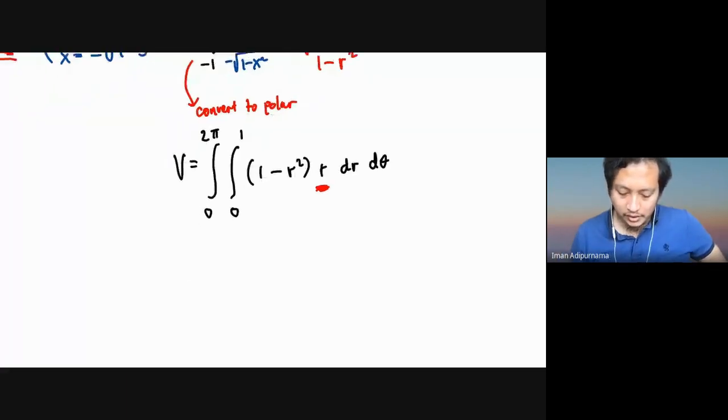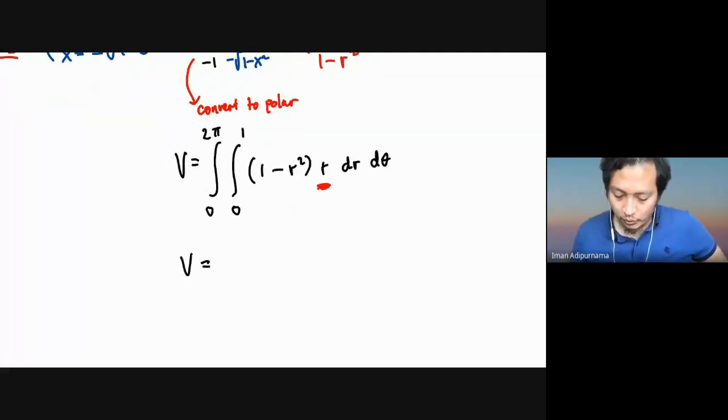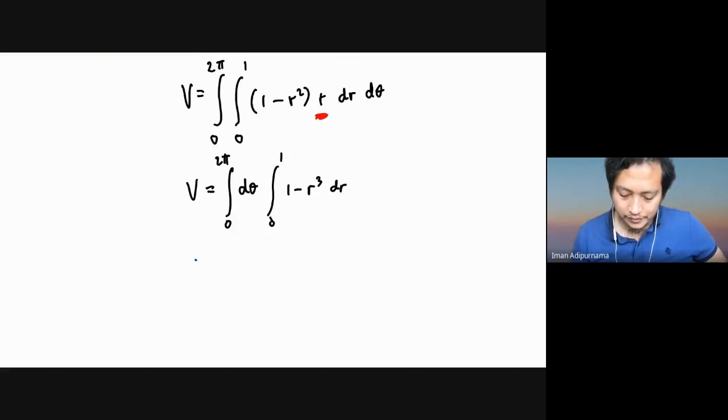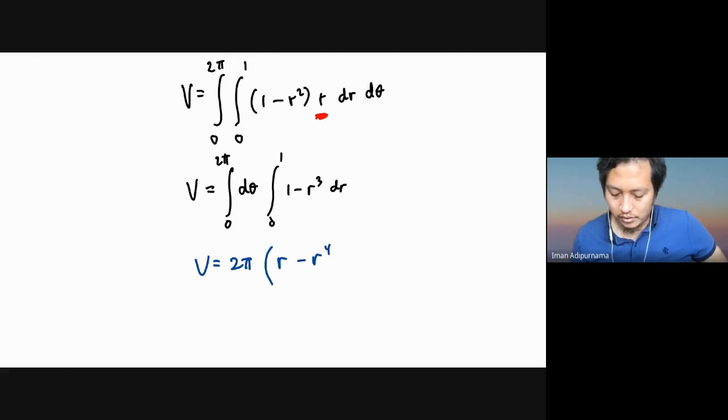Now we have the volume, and then we can separate theta and r. So we can do this, right? And then we can evaluate the r. And then simply we have this is 2 pi, and then r minus r to the fourth, from 0 to 1.